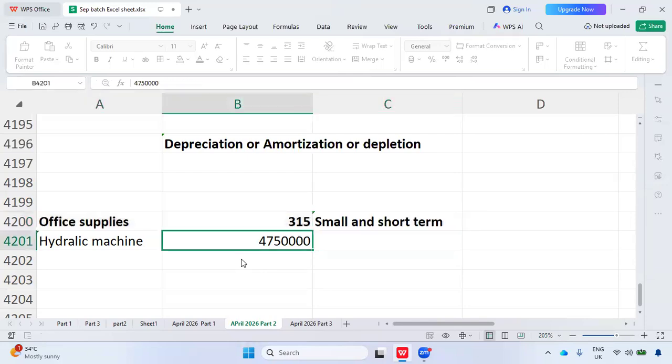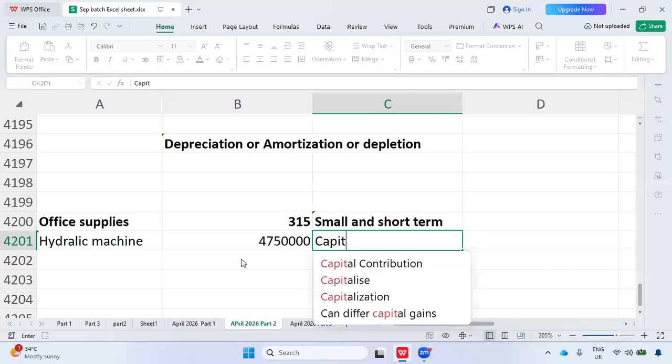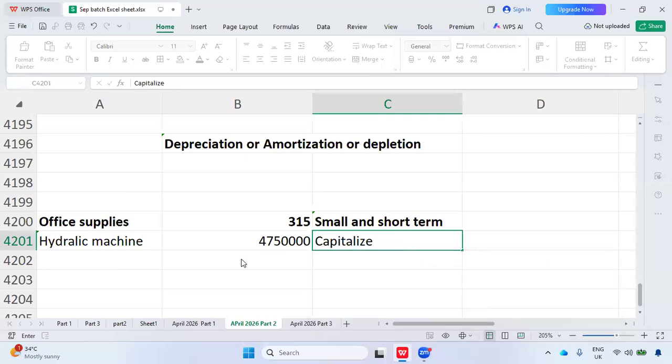And the second one, will we claim immediately or will we capitalize? We'll capitalize, because it's an asset we can use for many years. But what exactly is the reason here?